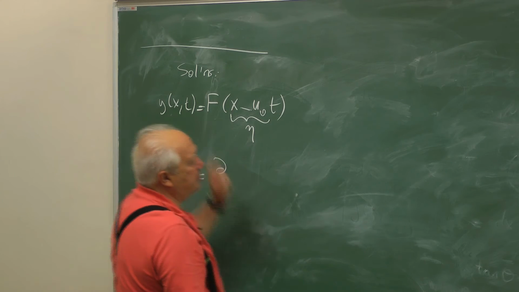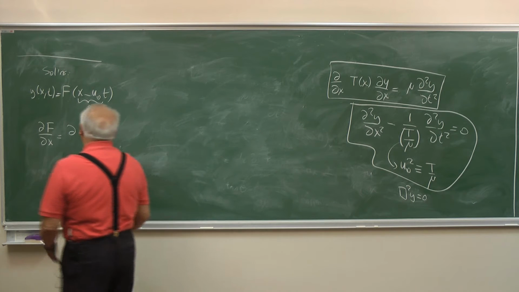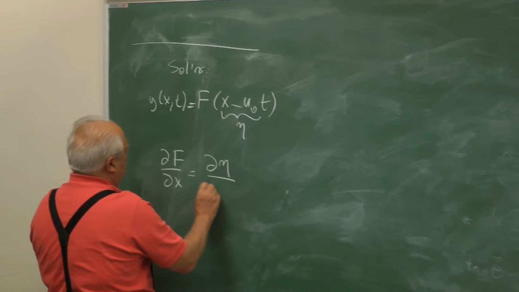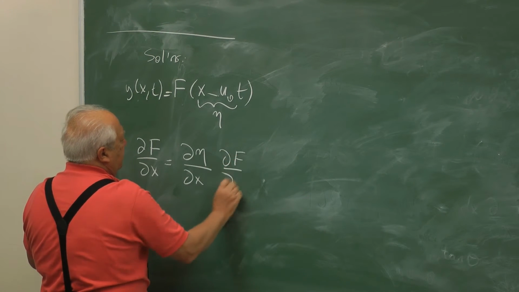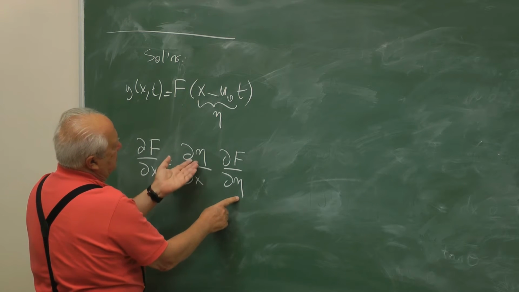For y, I'm putting f in this equation. Okay, so I need the derivatives. This is, by chain rule, ∂x times ∂f/∂η. But f is only a function of η, no other thing.